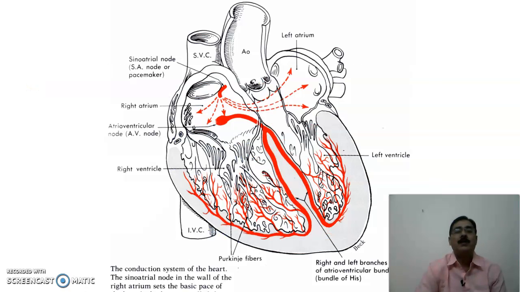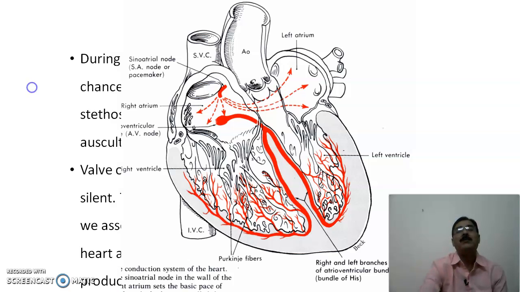This is what I have just explained, how the conduction is taking place.